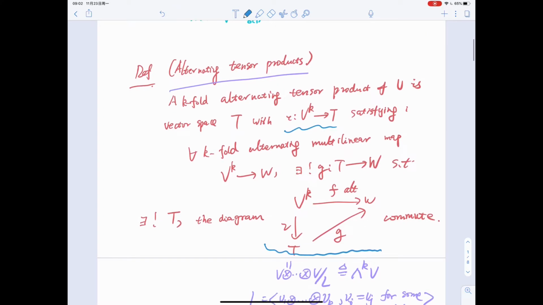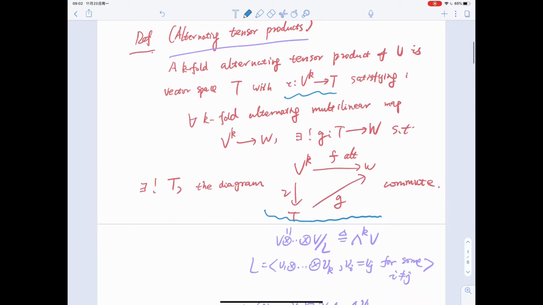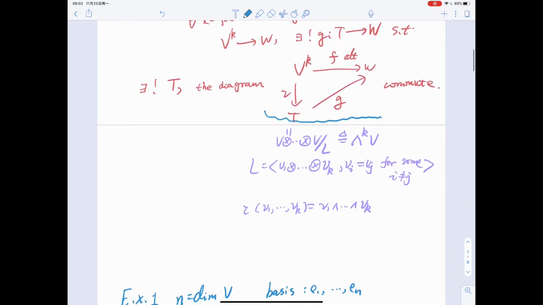Such T exists and is unique, and we can take T to be the tensor product of V quotient by L, where L is generated by v1 tensor ... tensor vk for vi equals vj for some i not equal to j.